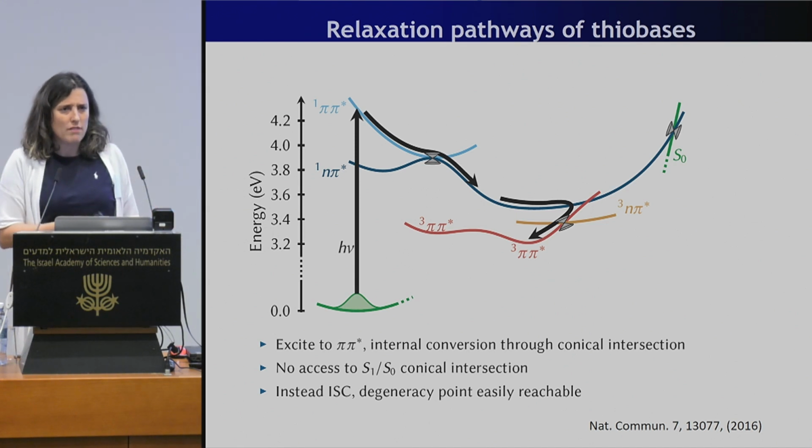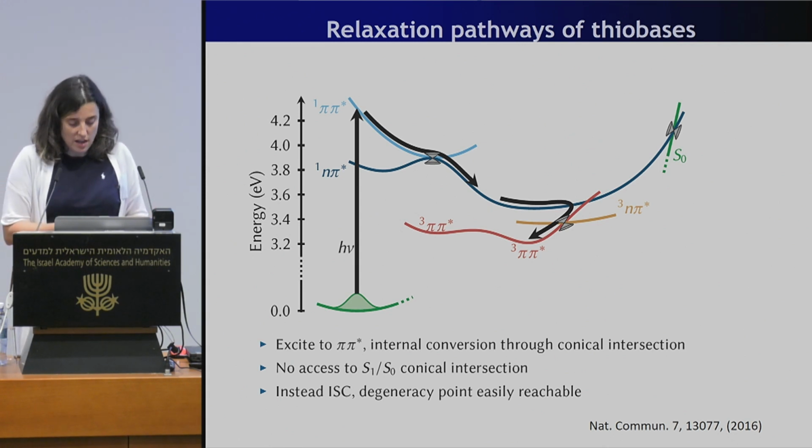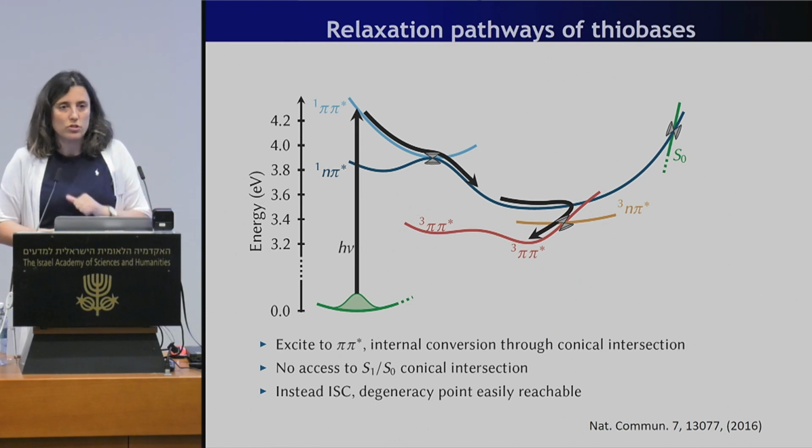Triplets are bad because you have radicals, right? That's why we don't want to have these side-state reactions happening in DNA. And here you see that just the introduction of one single atom has switched the photostability into phototoxicity.